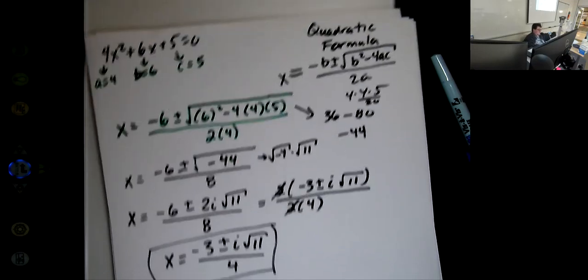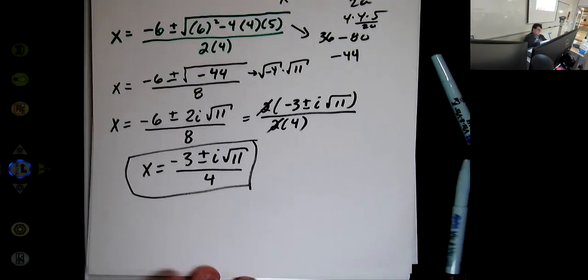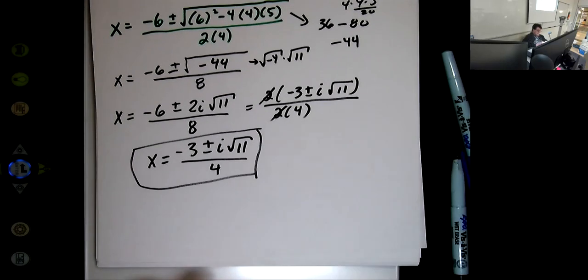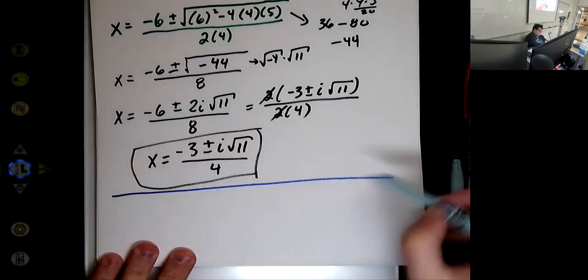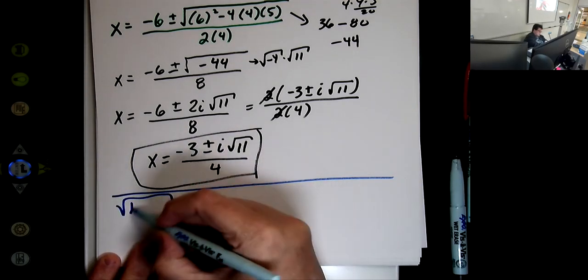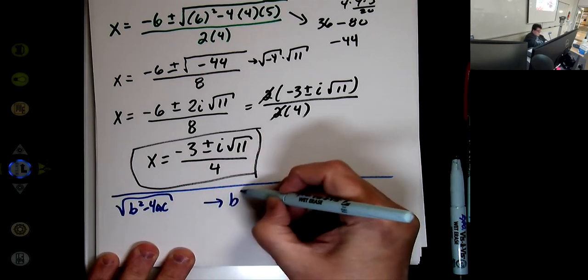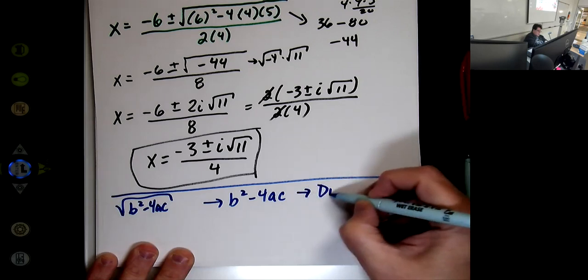So on this quadratic formula, we have that b squared minus 4ac under that root. B squared minus 4ac is called the discriminant.